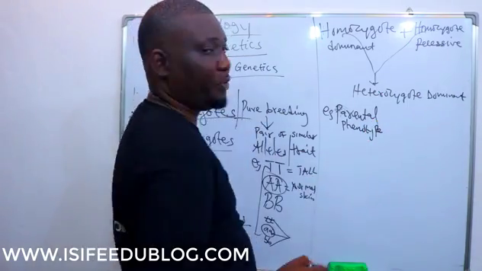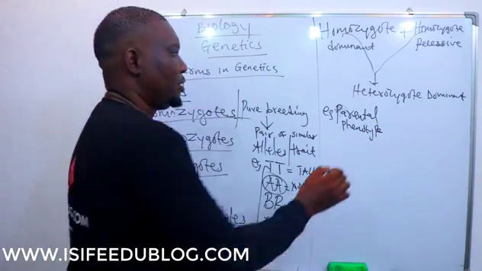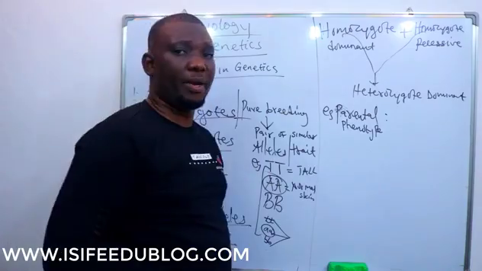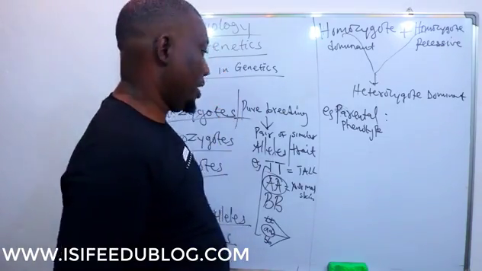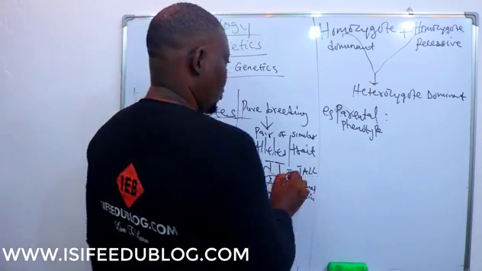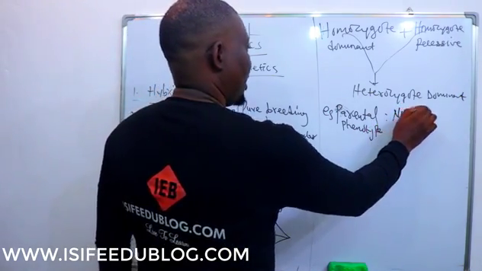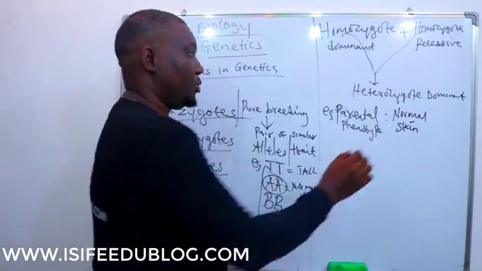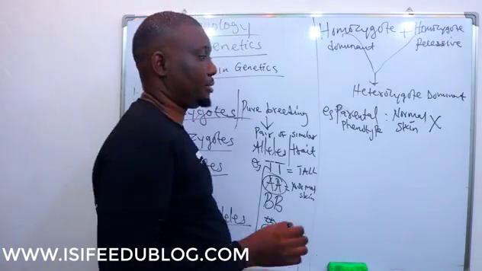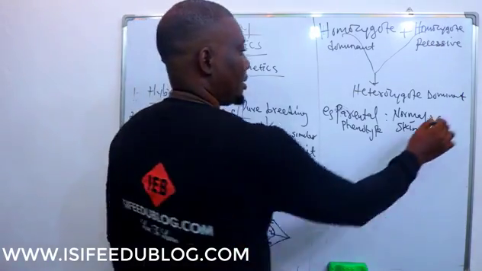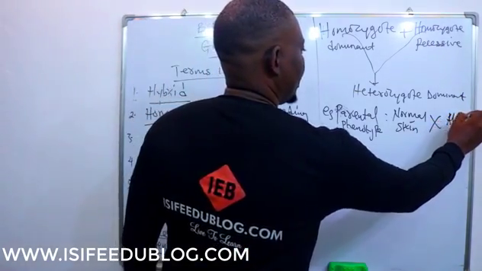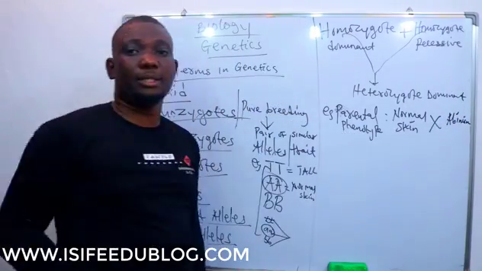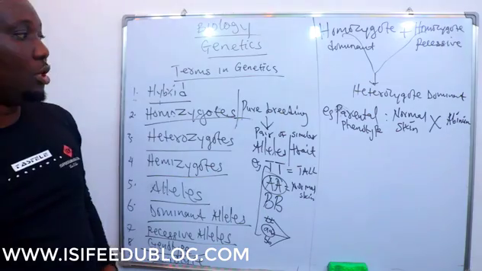When I say parental phenotype, it means the physical appearance of the parents: normal skin color versus albinism. This is what the physical appearance of the two parents connotes.